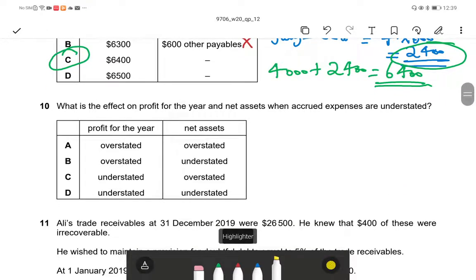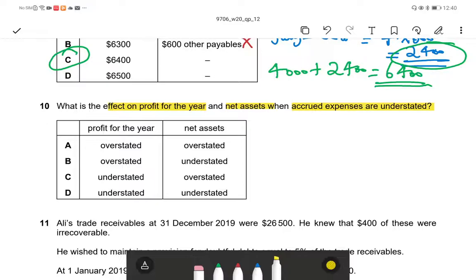Next, question number 10. What is the effect on profit for the year and net asset when accrued expense is understated? Accrued expense is a current liability of the business.